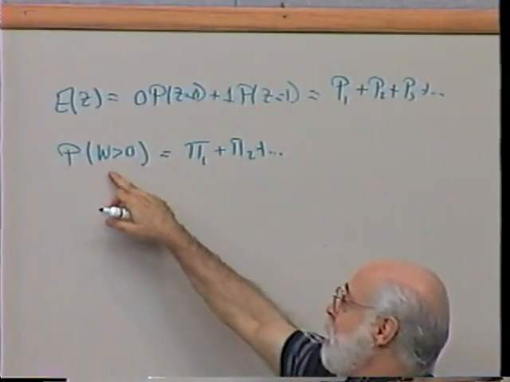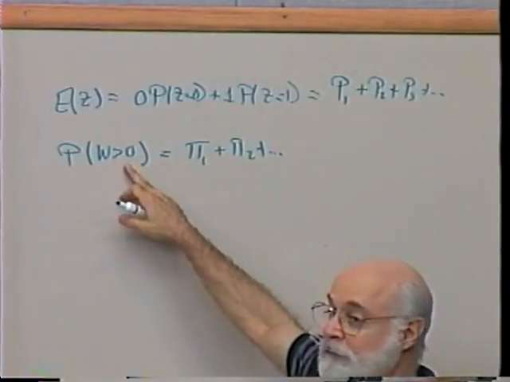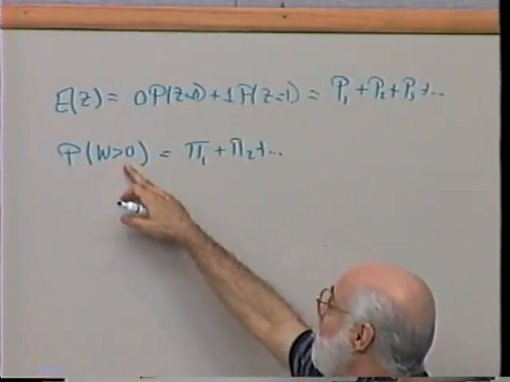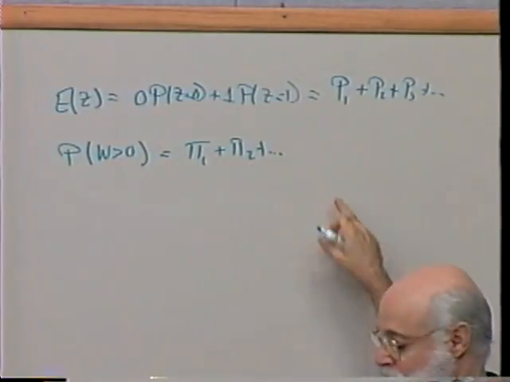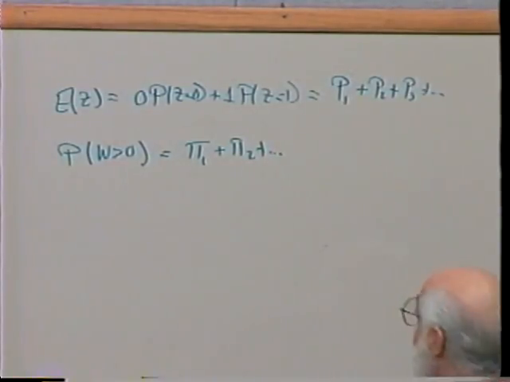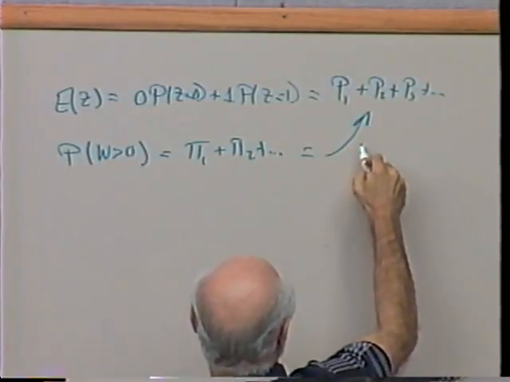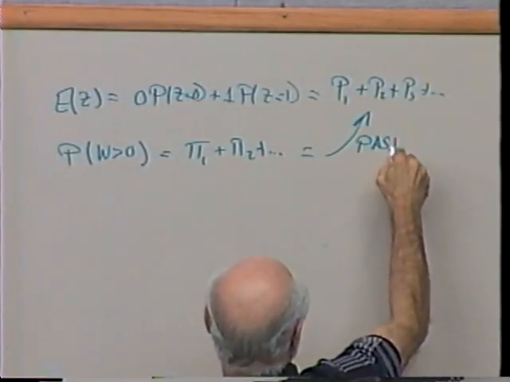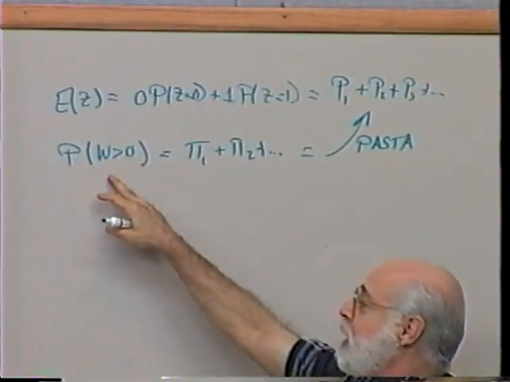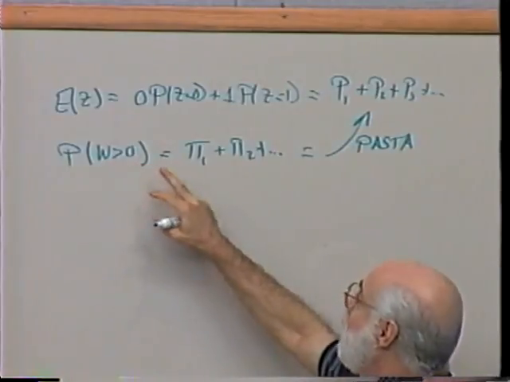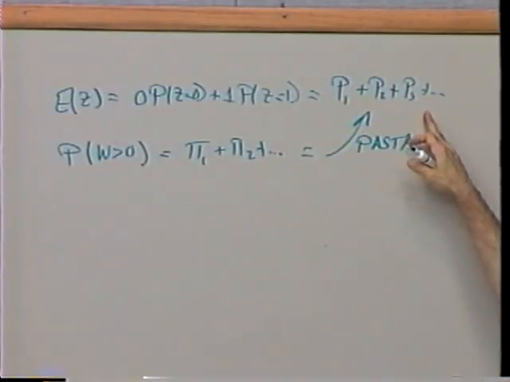So the probability that a customer has to wait is the probability that when he arrives, he finds the system in state 1 or state 2 or state 3 or so forth. And of course, that is equal to this by PASTA. So the probability that the customer has to wait at all is, from the viewpoint of the outside observer, the sum of the state probabilities.